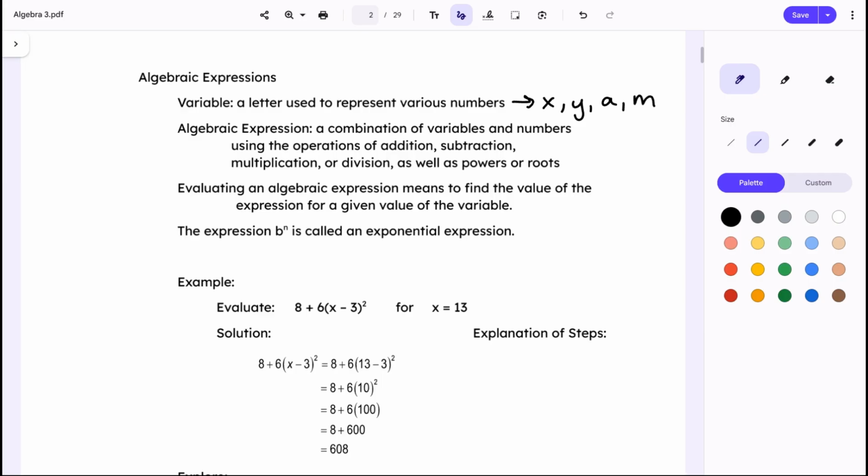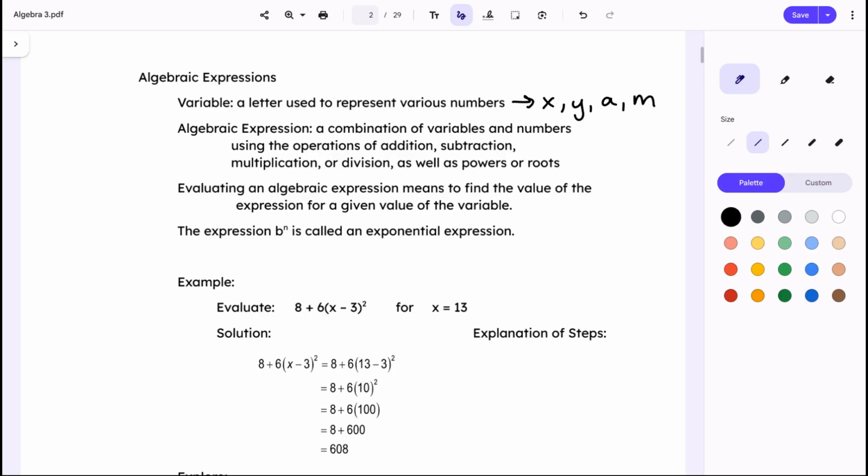Now, an algebraic expression is when you start to combine letters, like your variables, and numbers, and you're using operations like addition, subtraction, multiplication, and division. We also could have exponents. We also could have square roots. So any of these operations that you've seen before, when you start to combine them, are going to create expressions or equations.